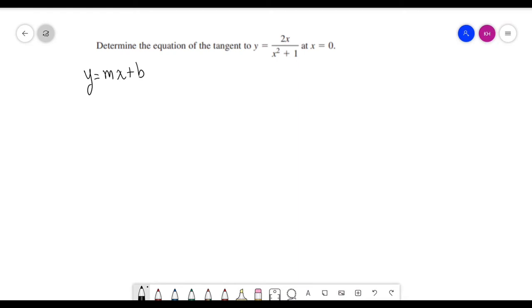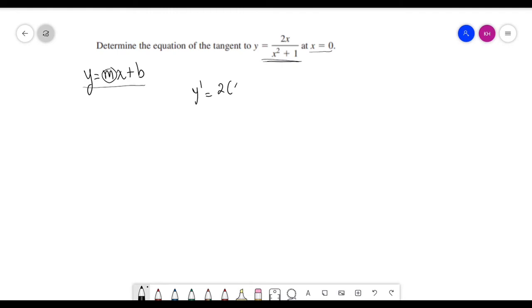So we know this. We're also given the value of x, and then we're also given the function to which this will be my tangent line. So the tangent line has a slope, and that slope will be the derivative of this function. So let's first find the derivative. And to find the derivative, we're going to use the quotient rule. So y prime is going to be the derivative of the top, which is going to be 2.